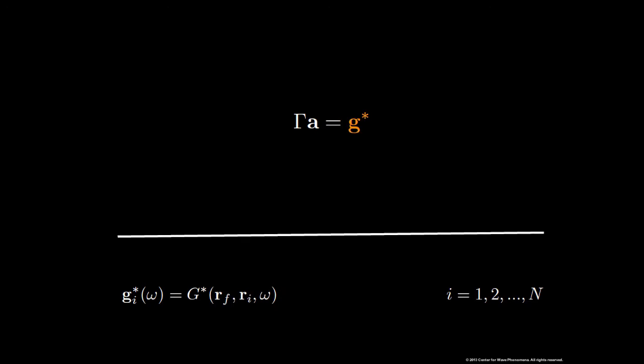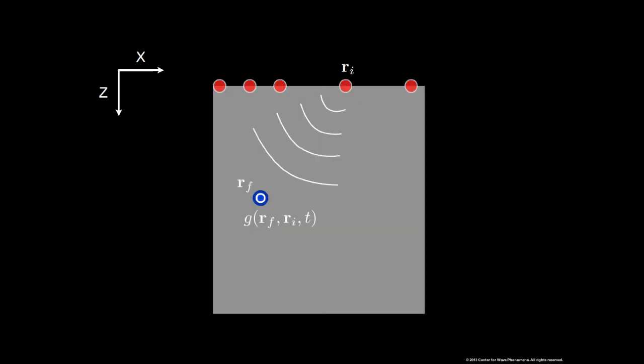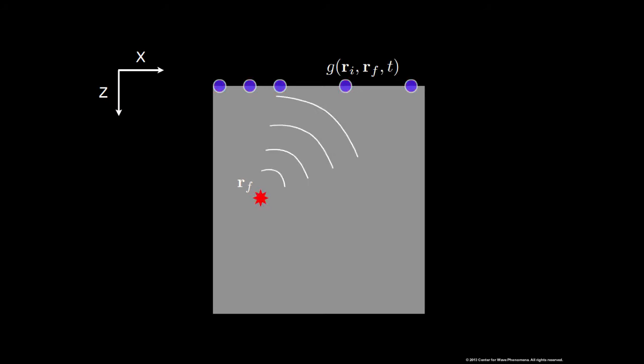G star on the right is an n by 1 vector whose elements are the complex conjugates of the Green's function associated with the source at each station and recorded at the target. Now, due to reciprocity, this Green's function is the same function that we would have recorded if the source was at the target and was recorded at the surface. And this makes the new method, what I'm trying to explain, very useful in applications like earthquake or microseismic event location, because this is the geometry that we would have in a surface microseismic survey.